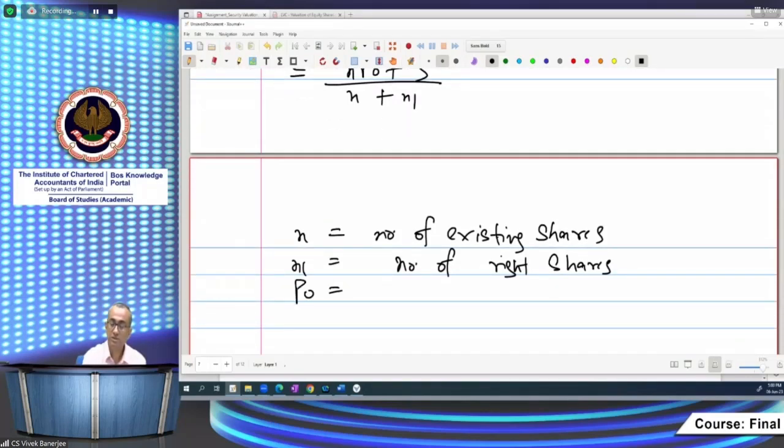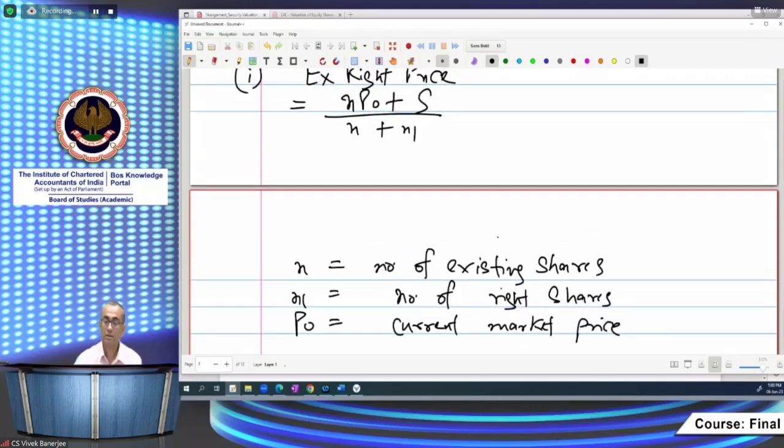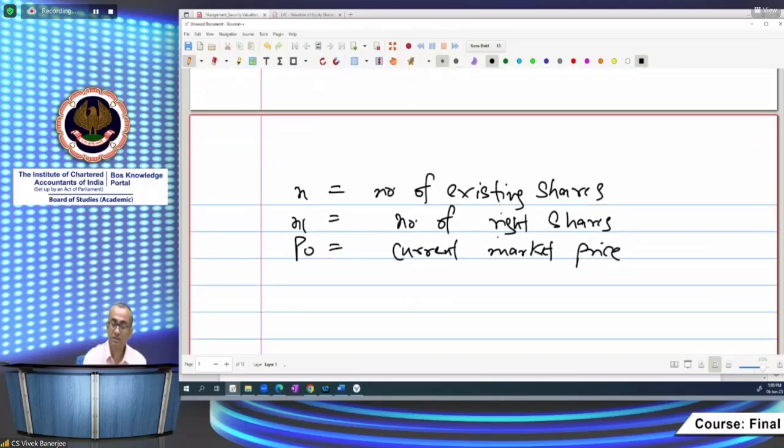P0 is the current market price. And S is the subscription value of right shares.